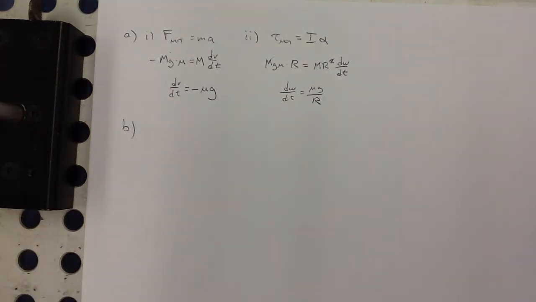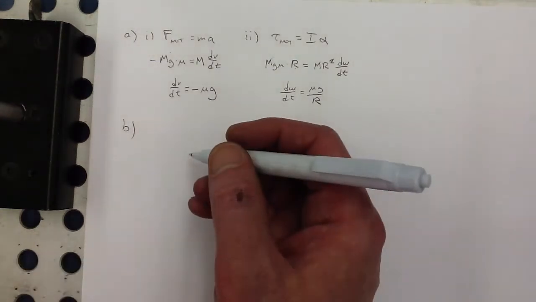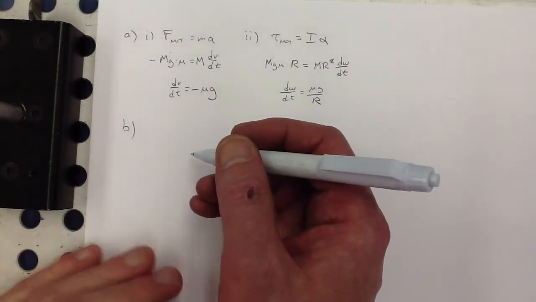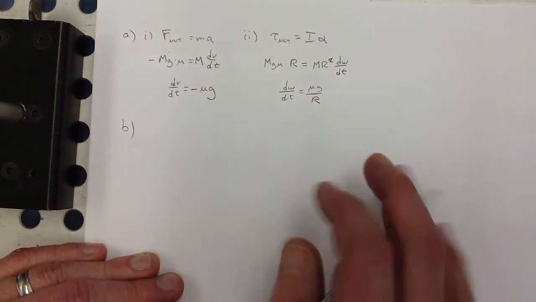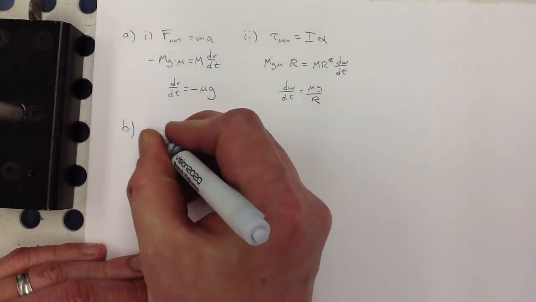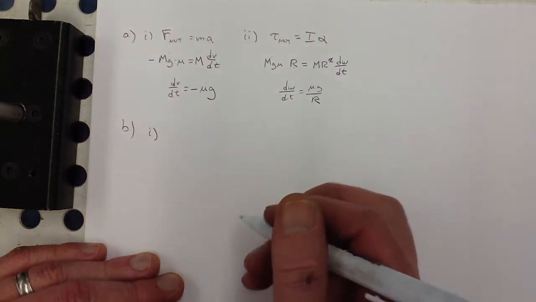All right, part B. Derive an expression for the magnitude of the linear velocity as a function of time and the angular velocity as a function of time. And they want the magnitudes of them. It's kind of weird that they want the magnitude. I think I'm just going to do them as the functions. We'll see what it says in their scoring guide.